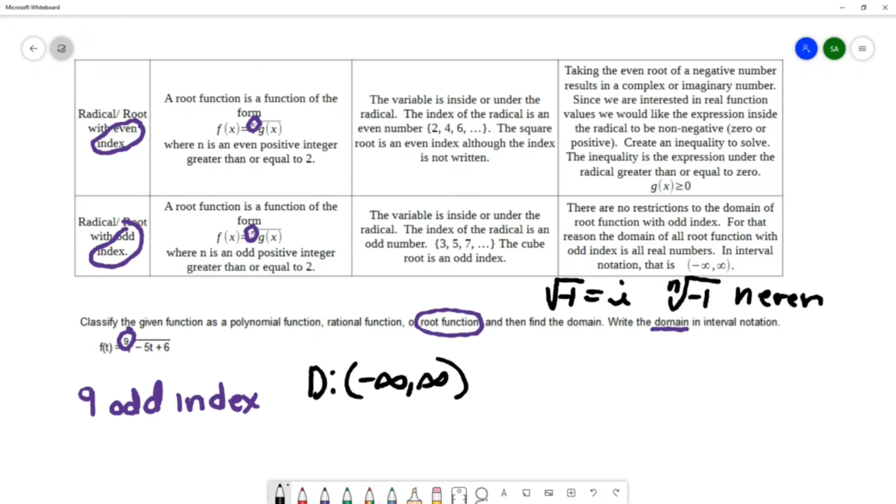However, if you take the cube root of -1, that's -1. So when you take an even root of a negative number, you get imaginary numbers. But if you have an odd root of a negative number, you get a real number. So the odd index has no restrictions and will have a domain of all real numbers.